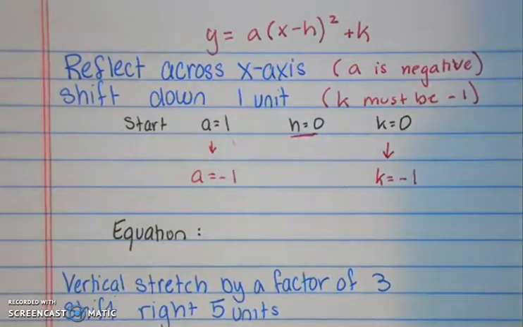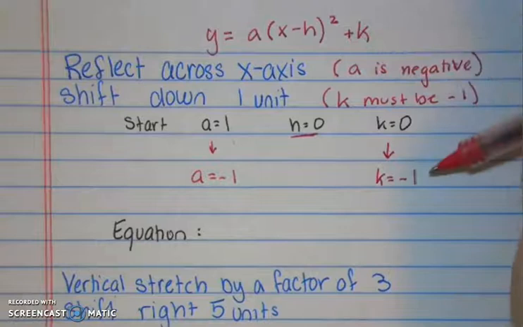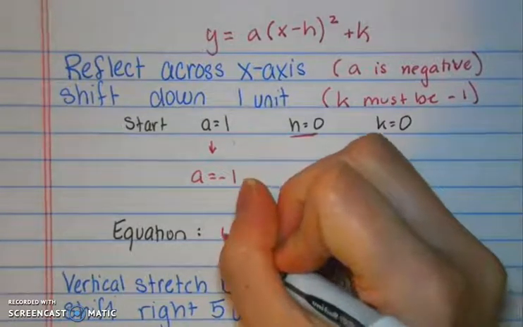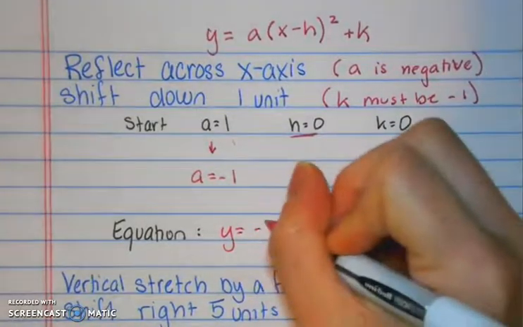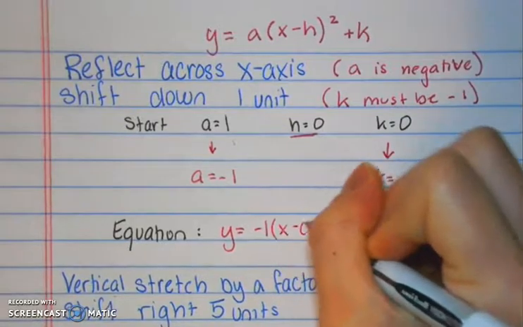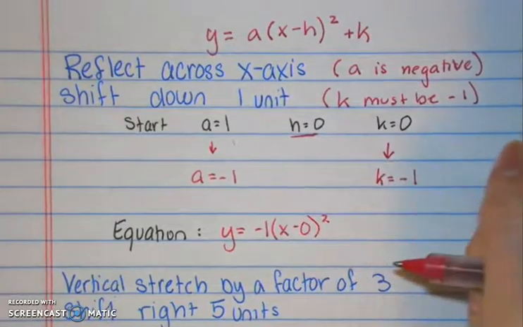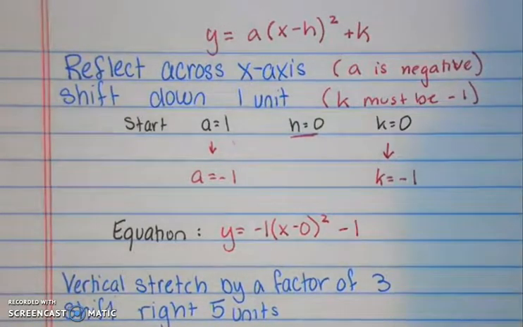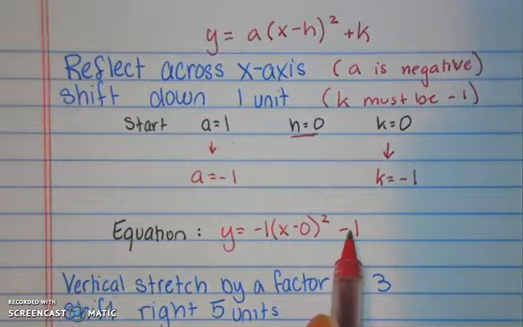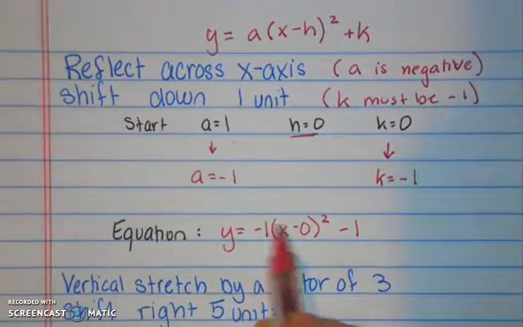So now we can rewrite our equation with the values that we have. So we have y equals negative 1 (x minus 0) squared minus 1. Now, last step as a mathematician is to know that we will not leave things like minus 0 there.